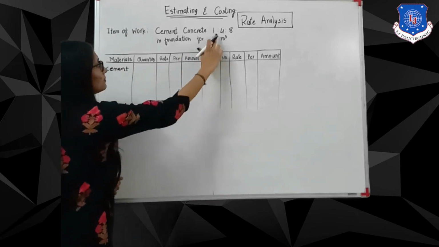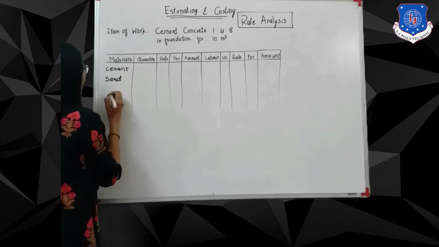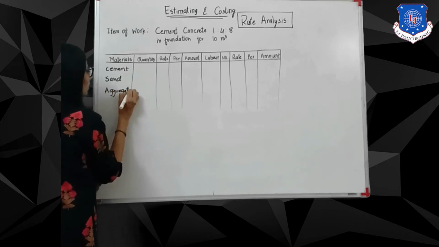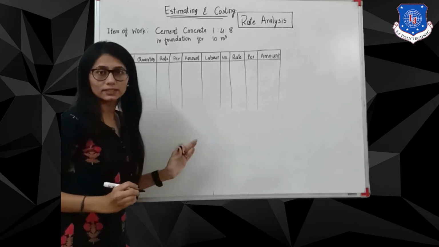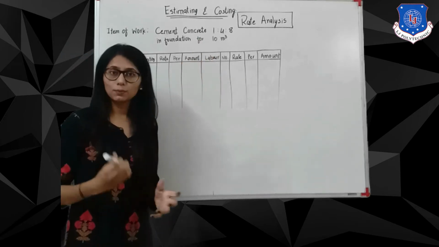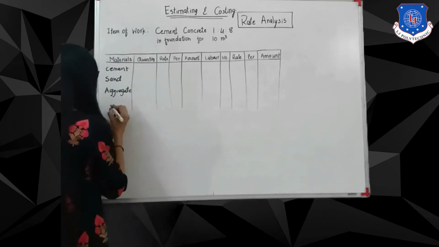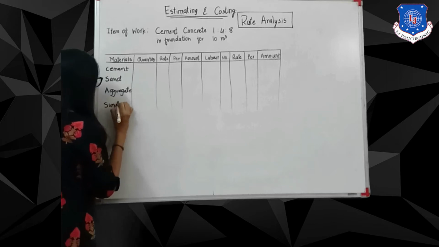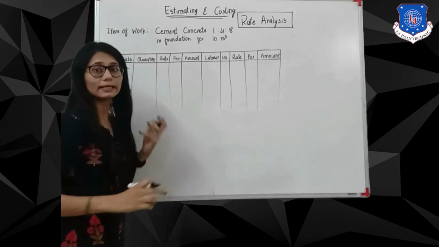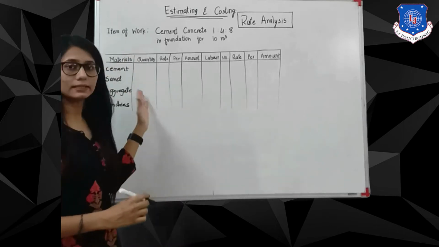One is cement, the other ingredients are sand and aggregate. Also we require water to mix in this proportion, but that we will count in percentage. We're going to add sundries. This term indicates the accidental expenses, little expense to treat these materials.